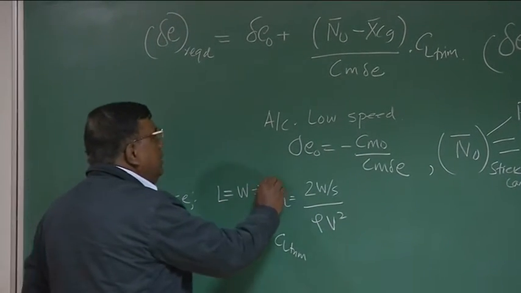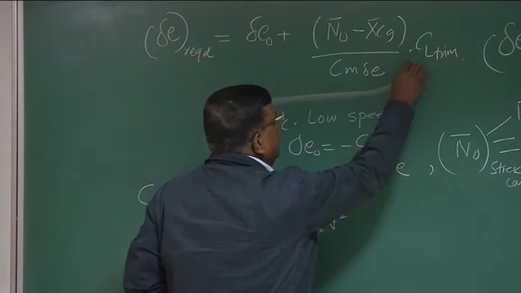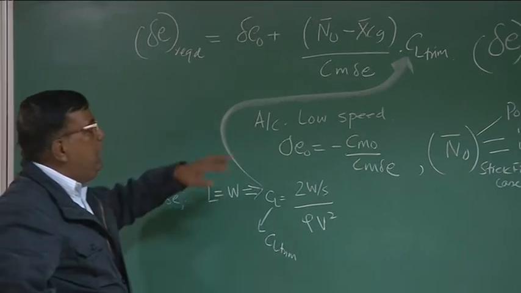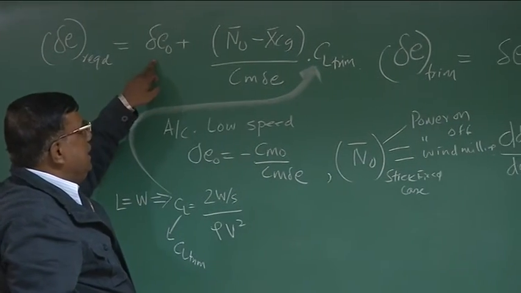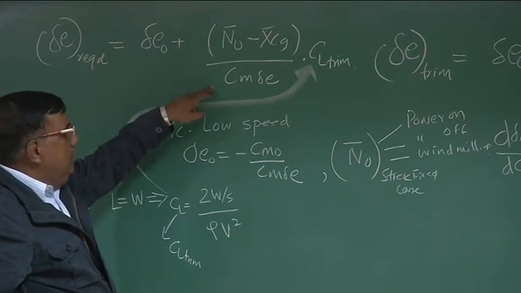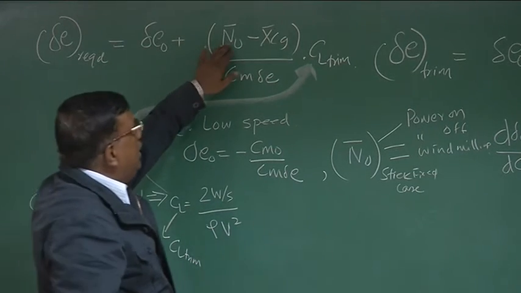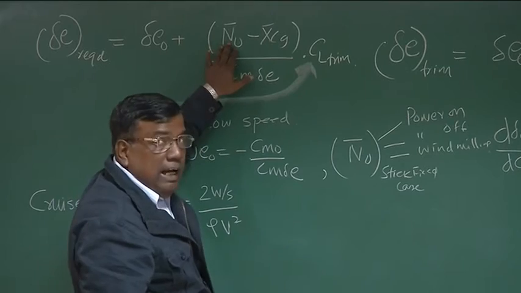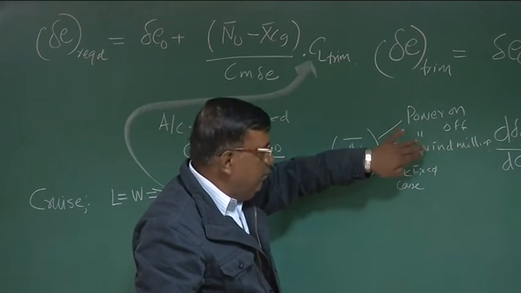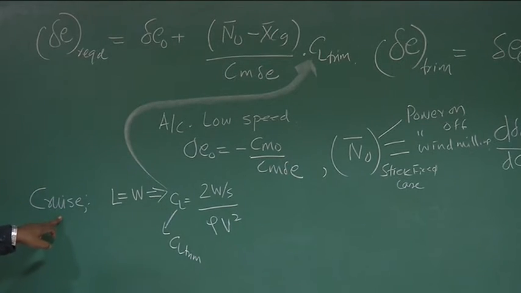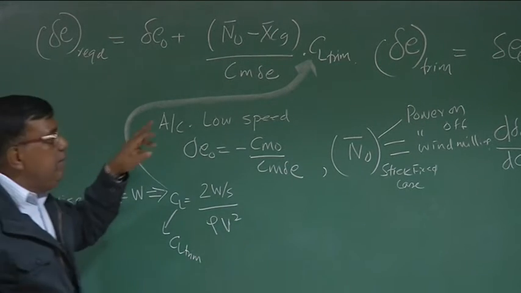I will be simply using this CL value here, right? As we have assumed that Cm delta E and delta E naught are not changing. What is the next thing I should check? I know that N naught, I have to be very careful. I have to see N naught for power on, power off, windmilling case. Which case is it when it is cruising? At cruise, which N naught will be relevant for us?